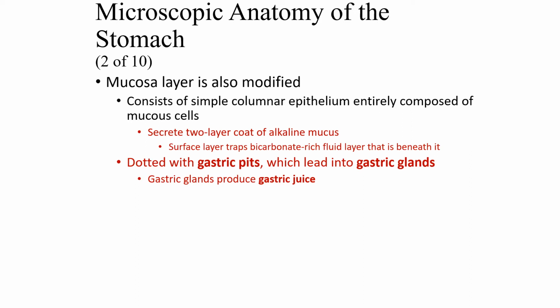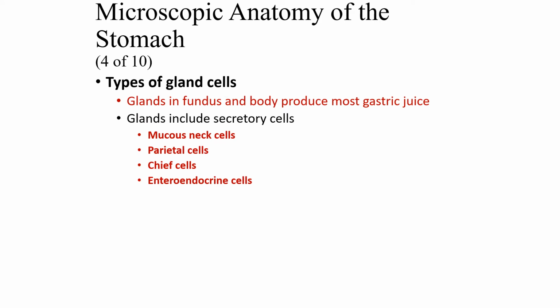Think about that from your general chemistry class. This will become very important when we talk about the duodenum and digestion that takes place in the duodenum and the rest of the small intestine.